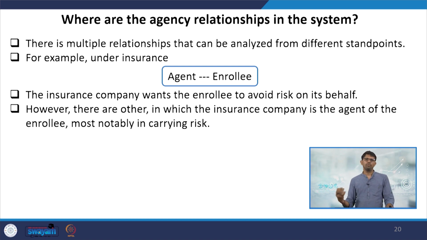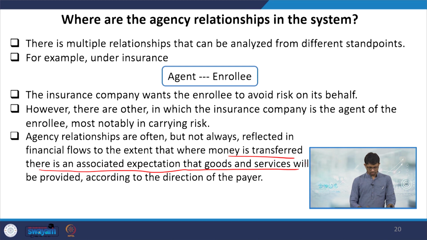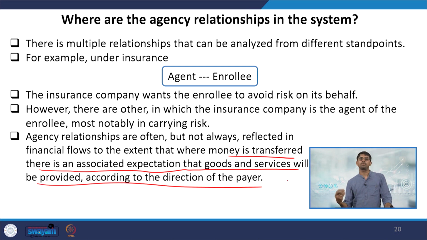However, there are other cases in which the insurance company is the agent of the enrollee, most notably in carrying risk. Agency relationships are often but not always reflected in financial flows, to the extent that money is transferred and there is an associated expectation that goods and services will be provided according to the direction of the payer.